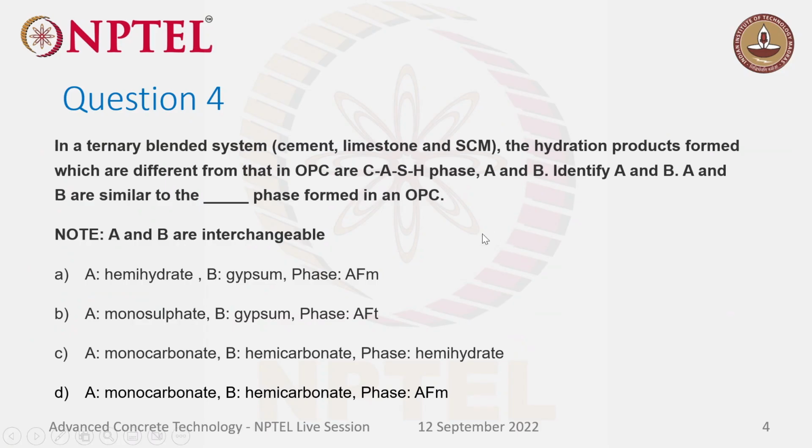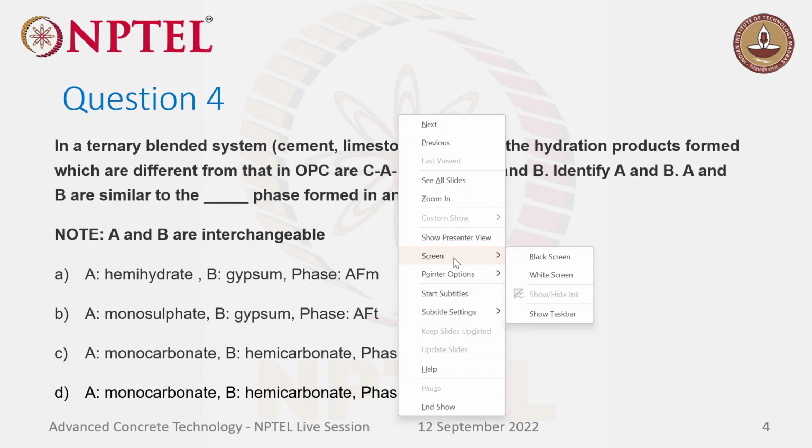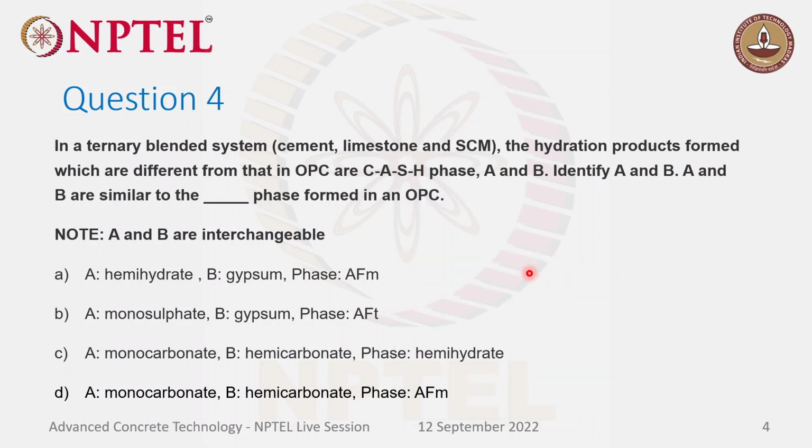Yeah, it's CSH, right? So when it's completely OPC, it's going to be CSH. But if it's a blended system, obviously it has both reactive silica and reactive alumina. So the hydration product formed is CASH. And then additionally, there are some more hydration products formed. That is A and B that you have to identify, both A and B. And A and B are similar to the phases formed in OPC.